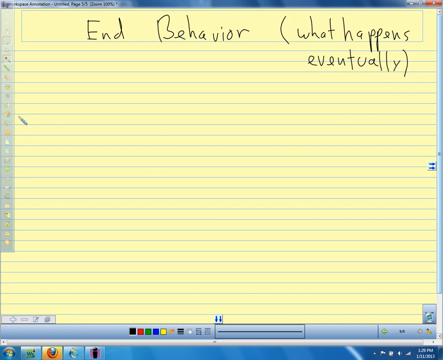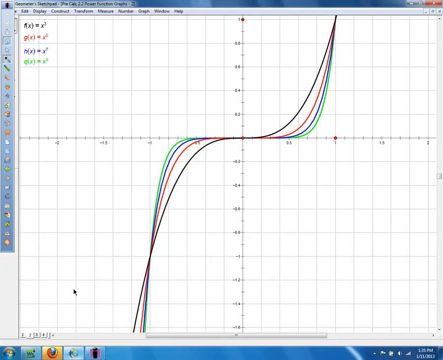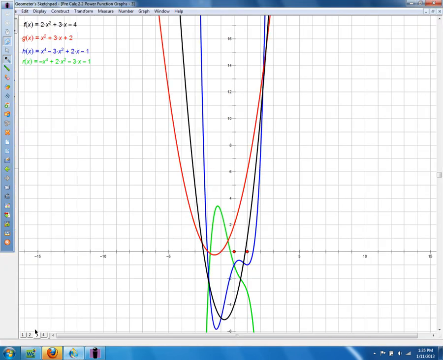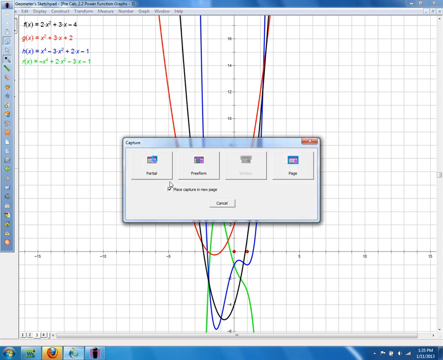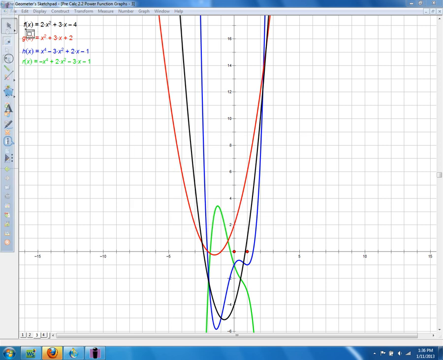So let me get another picture here, and we're going to talk about the end behavior of some of these polynomial functions. What happens eventually?